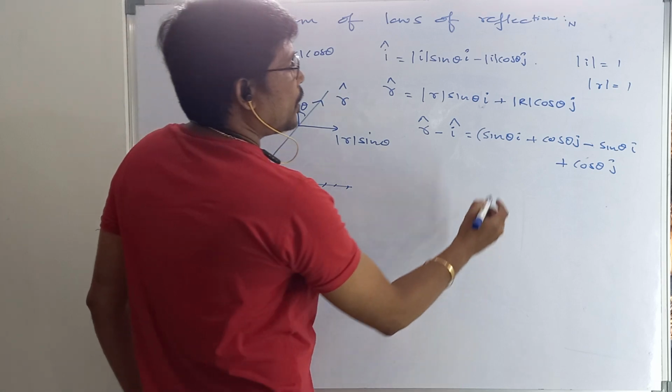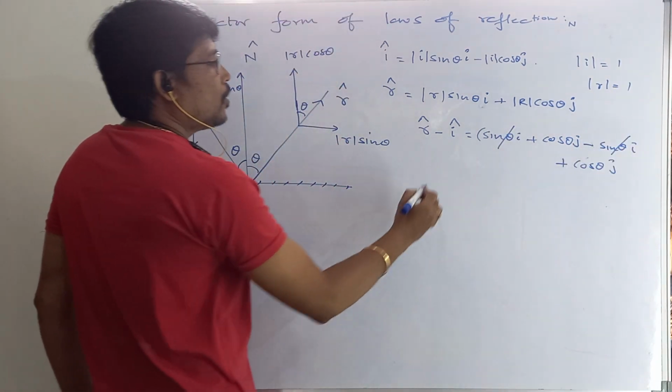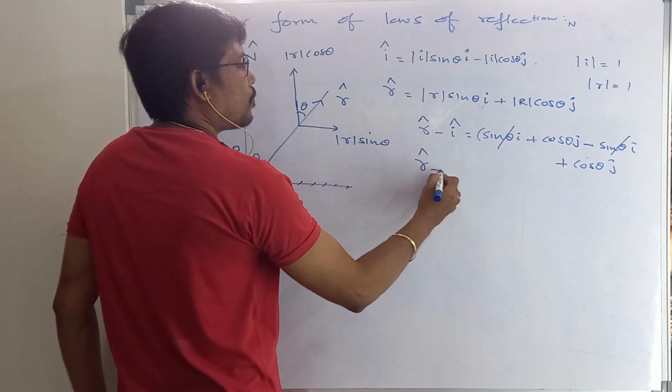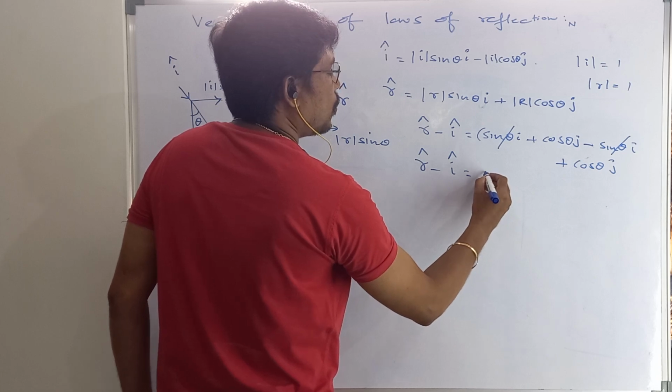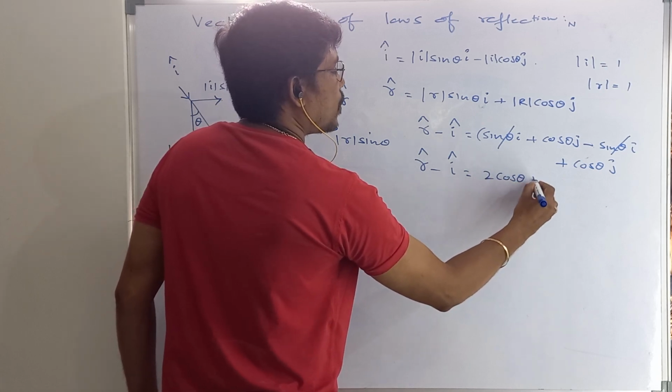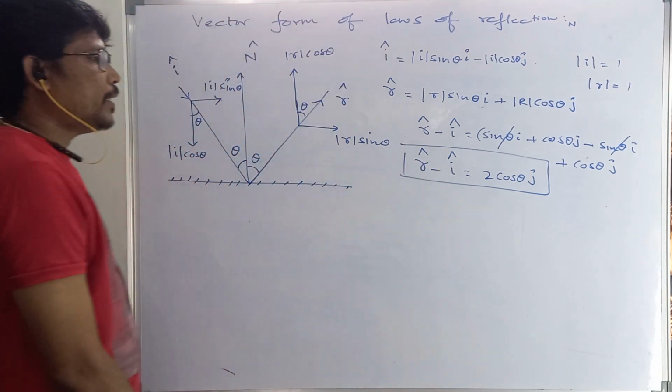So minus sin theta plus sin theta get cancelled. So r cap minus I cap is equal to cos theta j plus cos theta j, what you have is 2 cos theta j. This is an important result. Please keep it in mind.